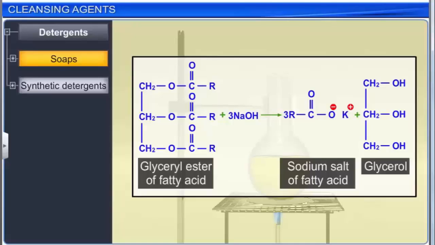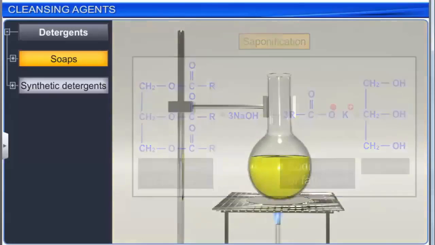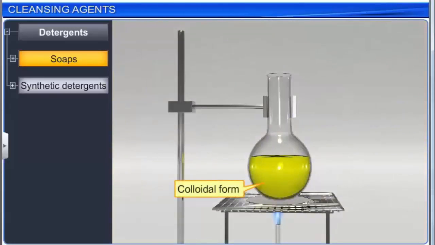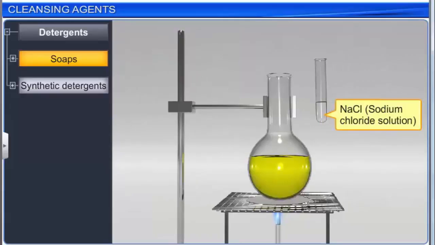As the salts thus formed are used as soaps, the alkaline hydrolysis of oils and fats is commonly known as saponification. In this reaction, esters of fatty acids are hydrolyzed and the soap obtained remains in colloidal form. The soap and the glycerol are separated by adding concentrated sodium chloride solution to the mixture.